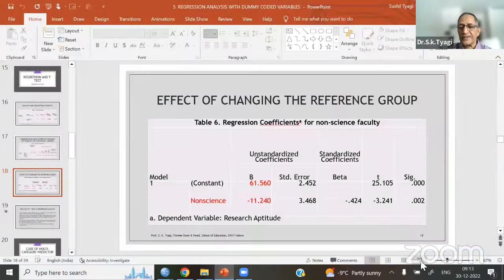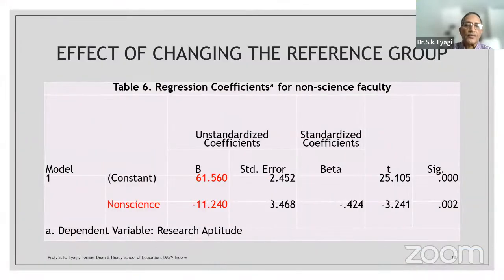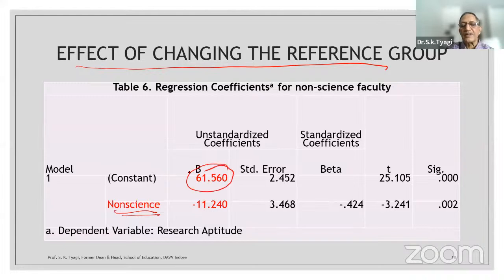Now let us come to this. This is the effect of changing the reference group. Our predictor is non-science, not science, and science is the reference group. So this constant is nothing but the value of the dependent variable when the independent variable is 0, and the independent variable is 0 when the faculty is science, because we are using the dummy variable non-science.